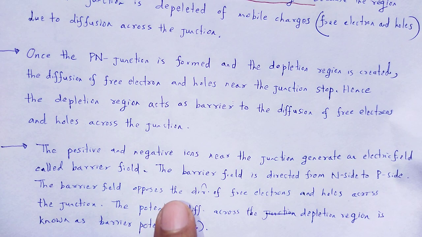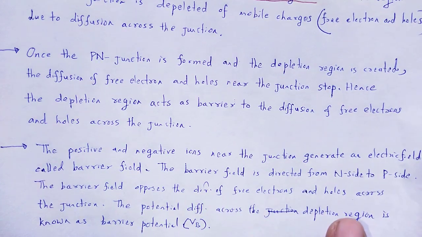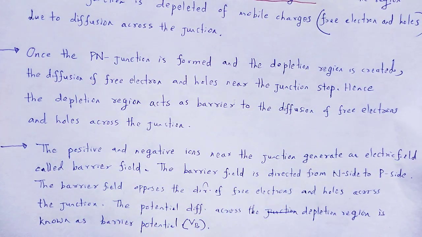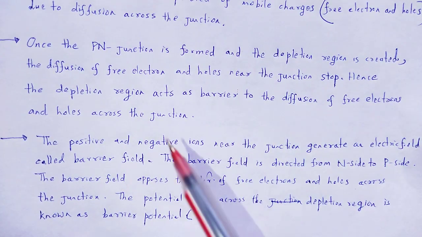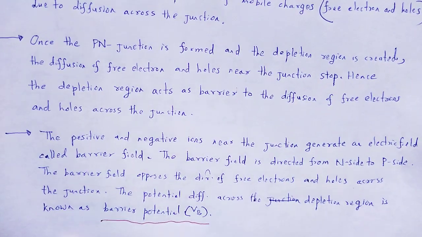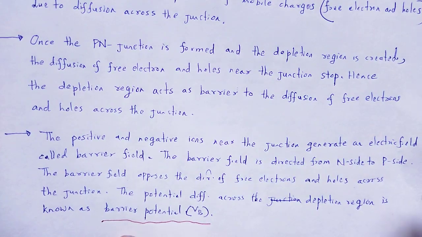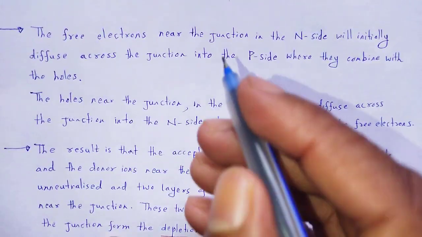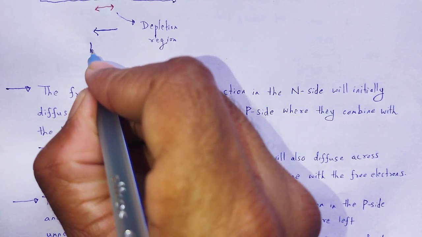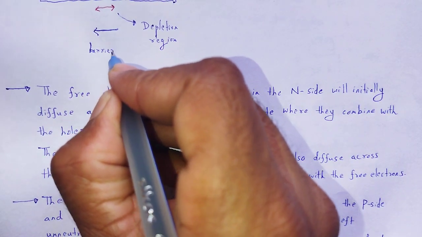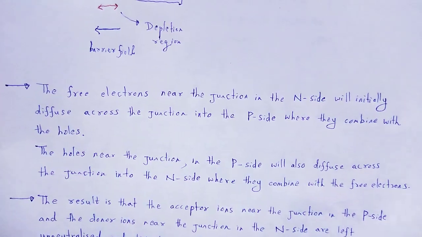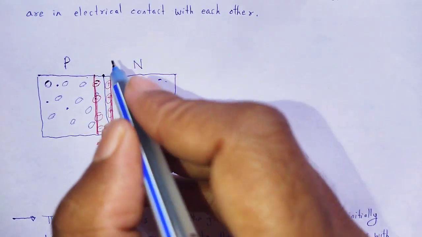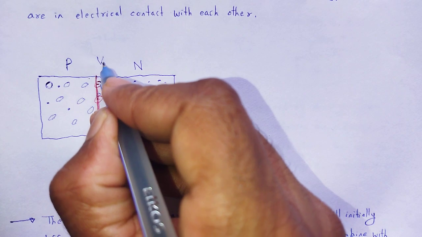The barrier field opposes the diffusion of free electrons and holes across the junction, and the potential difference across the depletion region is known as barrier potential. The field created is the barrier field, and the potential formed is the barrier potential.